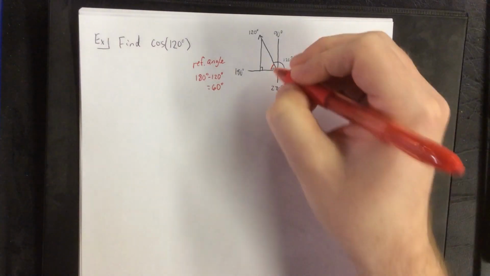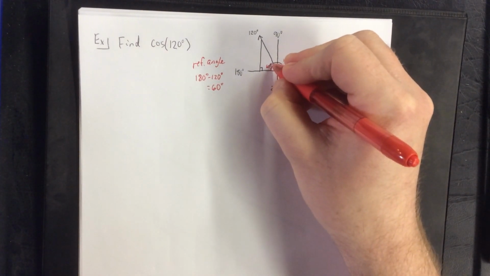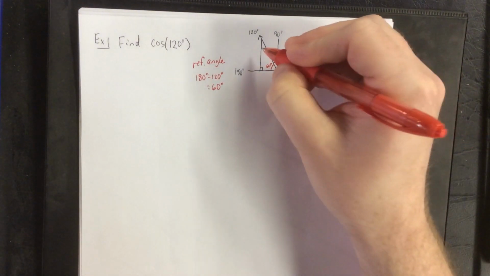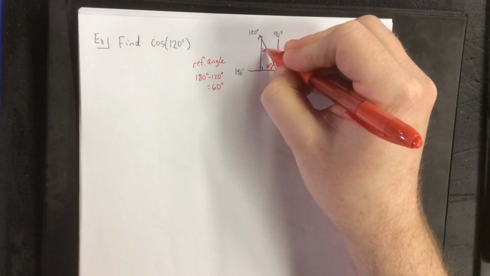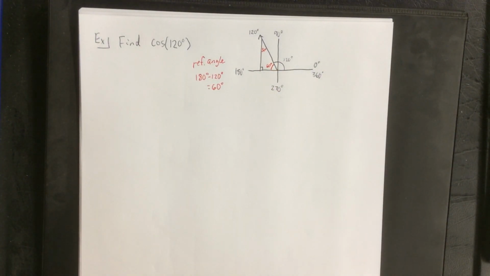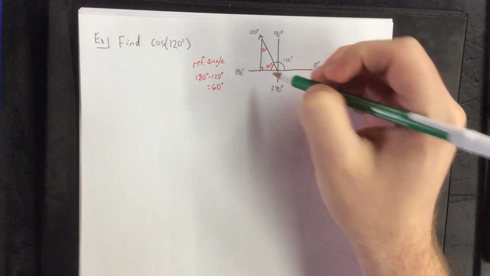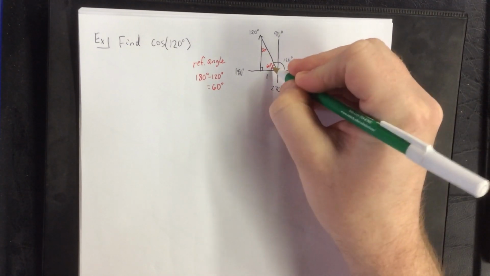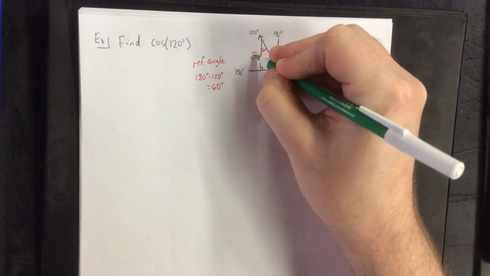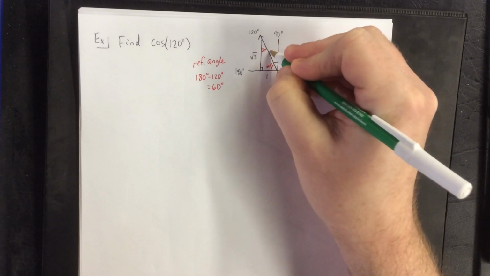Now, given that the reference angle is 60 degrees, we should be able to calculate the other angle up here as being 30 degrees. You are looking at the old 30, 60, 90 right triangle. Now, according to our important triangles, across from the 30 degree angle should be 1, across from the 60 degree angle should be the square root of 3, and the hypotenuse should be 2.